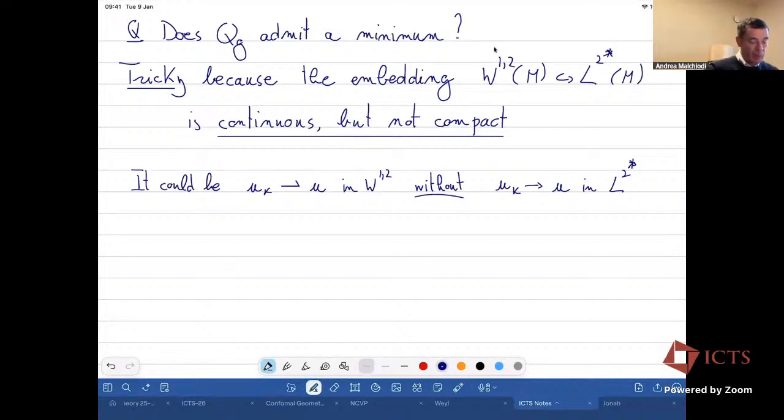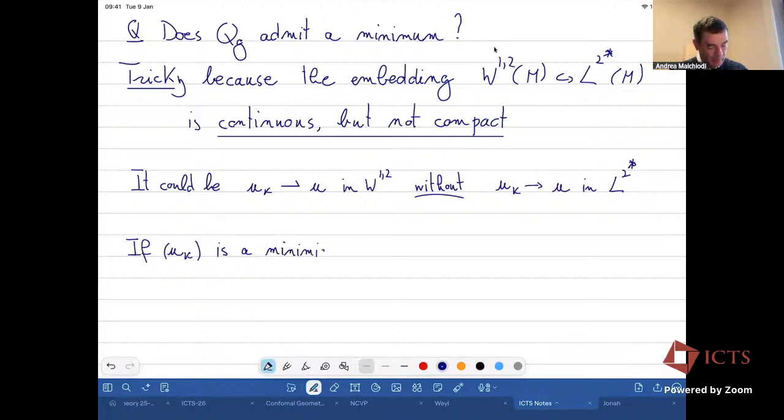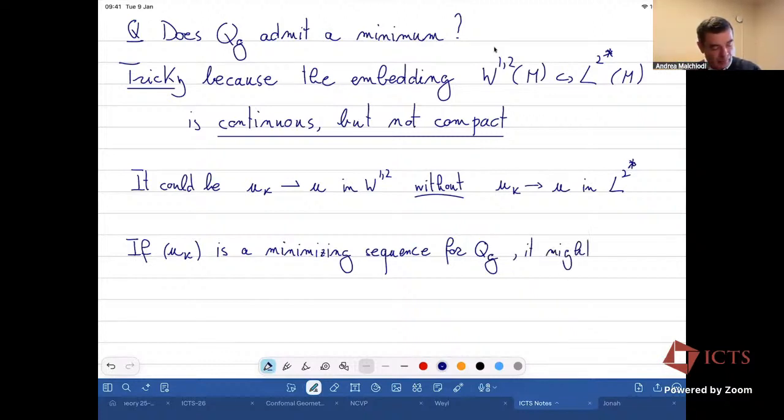Okay, so the problem could be the following. If u_k is a minimizing sequence for Qg, then it might be that u_k converges weakly to 0 in W^{1,2}.